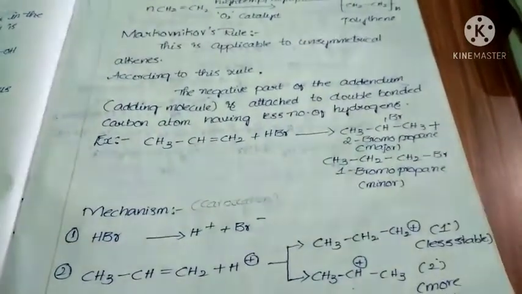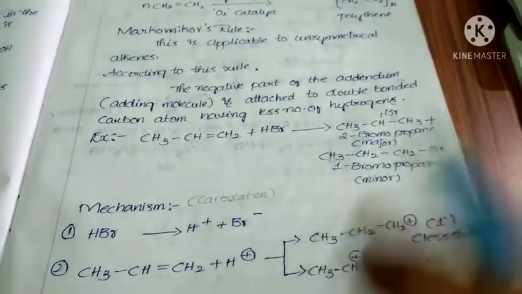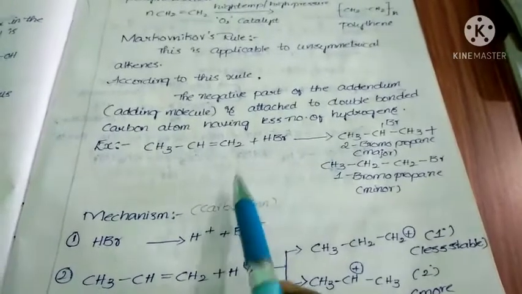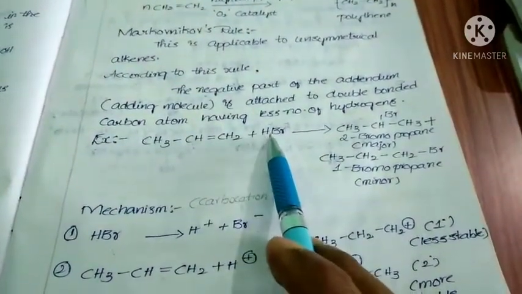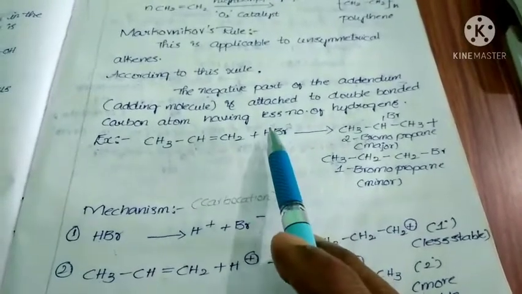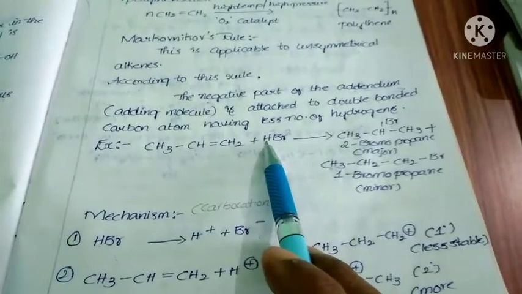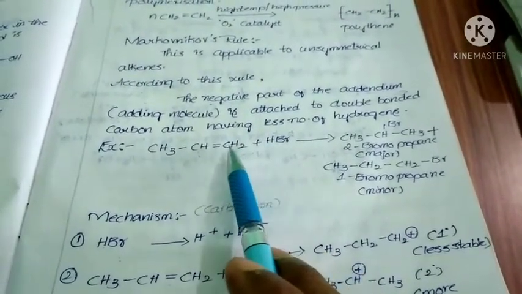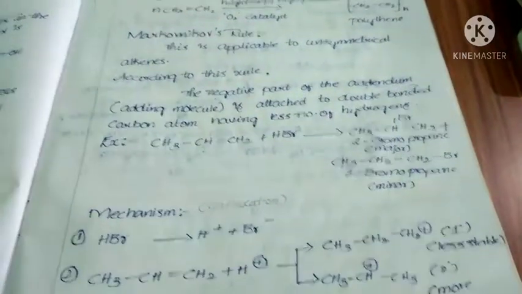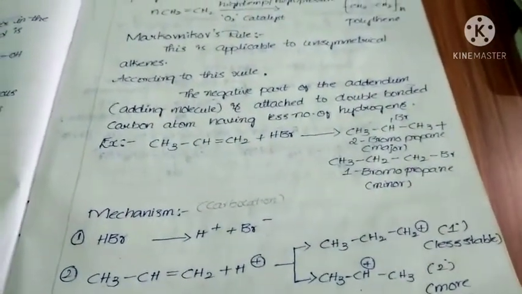We can say one more statement regarding Markovnikov's rule. Earlier we stated it for the negative part. Now, the positive part of the addendum molecule comes and attacks the double bonded carbon atom having more number of hydrogens. That is also called Markovnikov's rule.